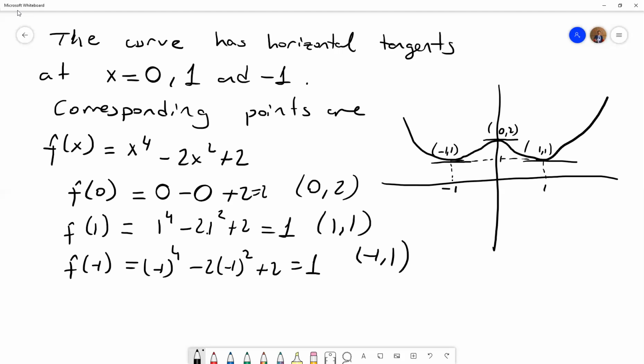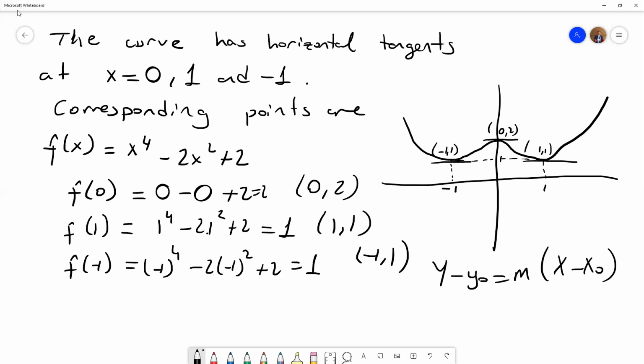You know that if you find the slope and you know the points, the line equation is y minus y0 equals m times x minus x0.